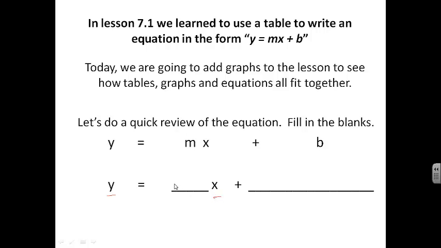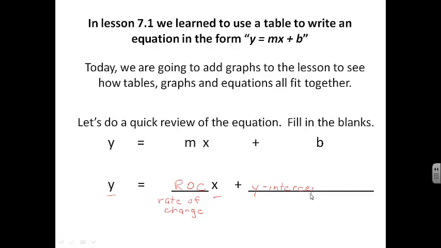And the m represents the rate of change, the rock. You might want to write rate of change under there. I bet you're writing better than I am. And remember, we'll talk about where you're going to find that in a minute. Plus, b is the y-intercept.